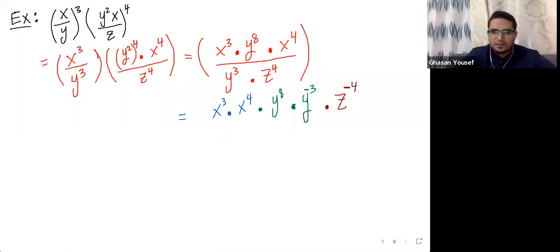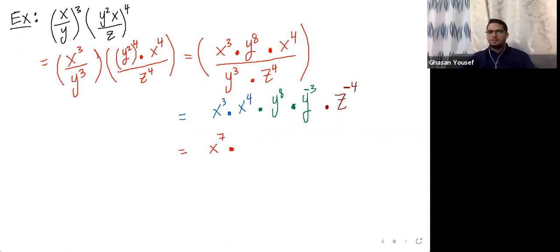Thank you. So this is x to the power 3 times x to the 4. We do summation because we have the same base with different exponent. That gives me x to the power 3 plus 4 is 7, times y to the 8 and y to the minus 3.